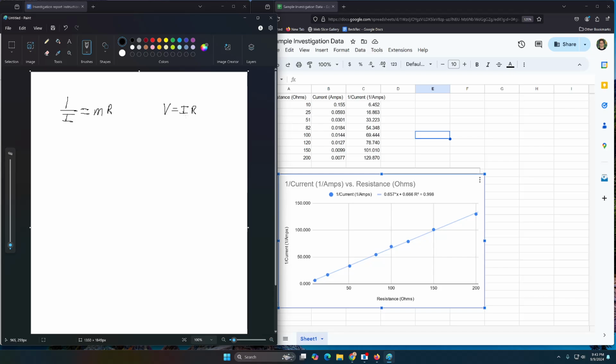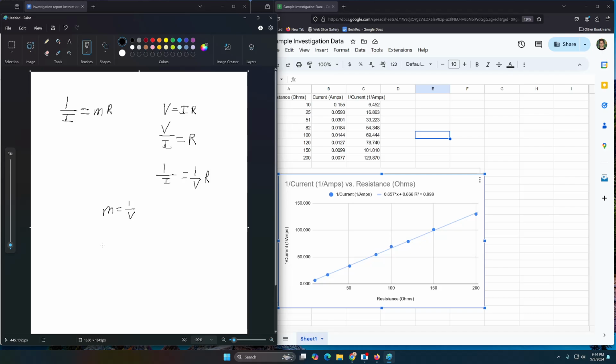First I'm going to divide both sides by I. So I get V over I equals R. And then I would divide both sides by V. So I would get 1 over I equals 1 over V times R. If I compare this to this equation here, obviously 1 over I is the same, R is the same. This gives me that m is equal to 1 over V.